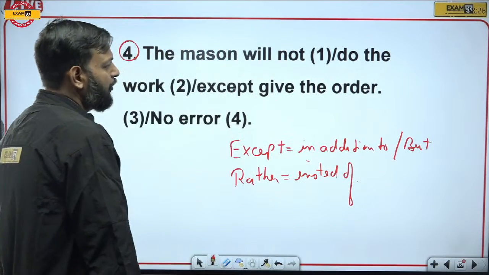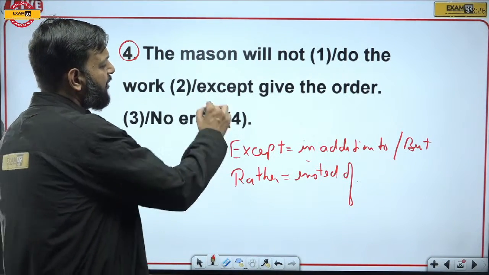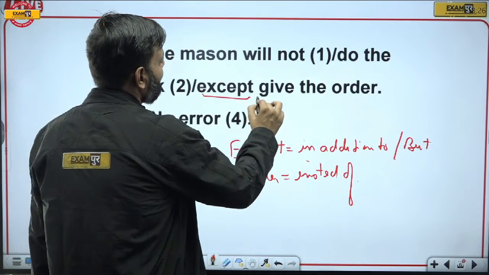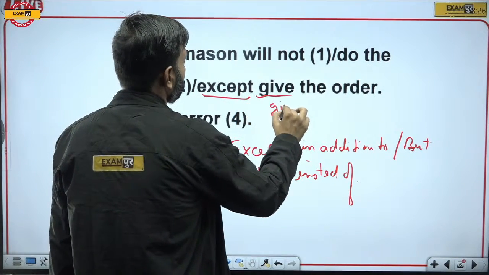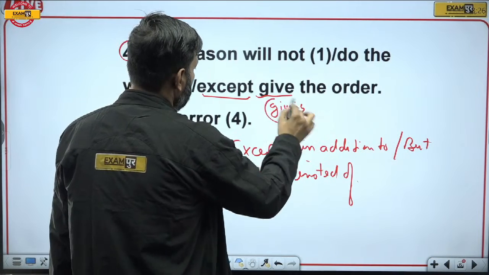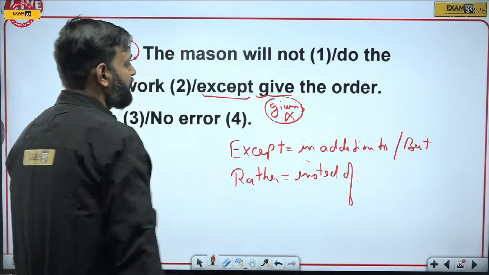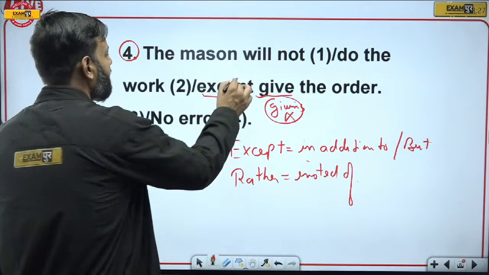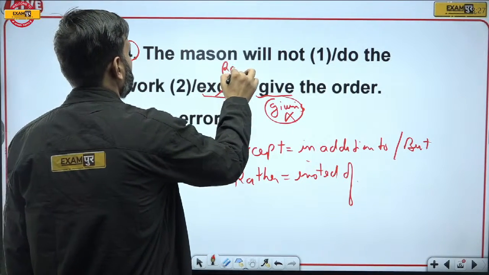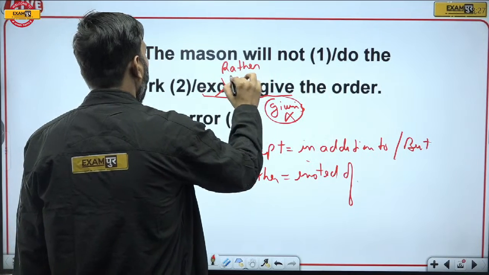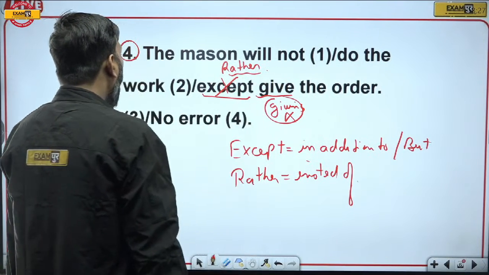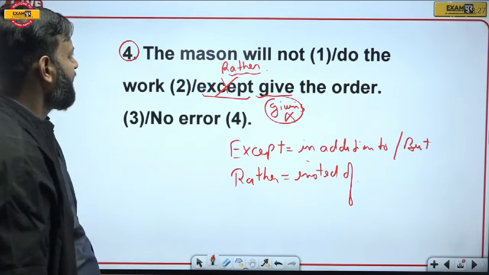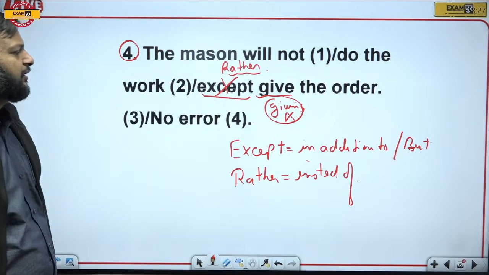Now, here if we have to keep the word except, give should be a gerund, but this will not serve the purpose because the use of except is wrong. Here except will be replaced by rather. The mason will not do the work, rather give the order.